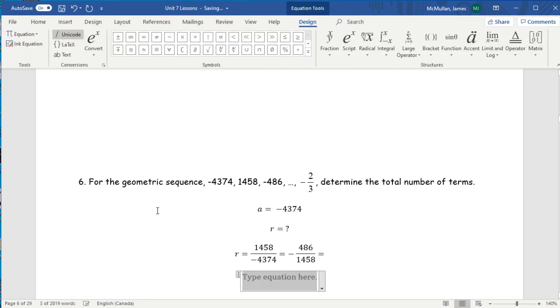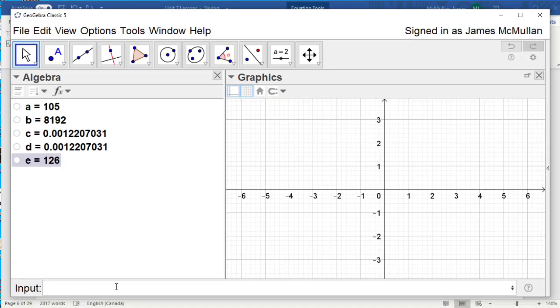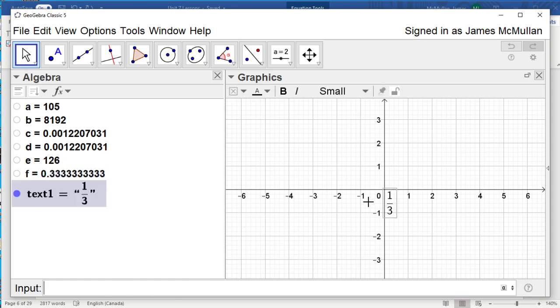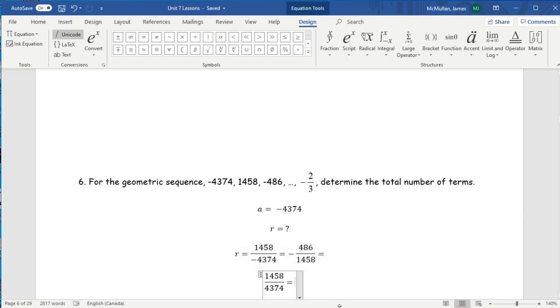So let's test them. What's 1458 divided by 4374? It gives me, again, you write fraction, the fraction is 1 over 3. It equals 1/3, and it's negative because one is negative and one's not.